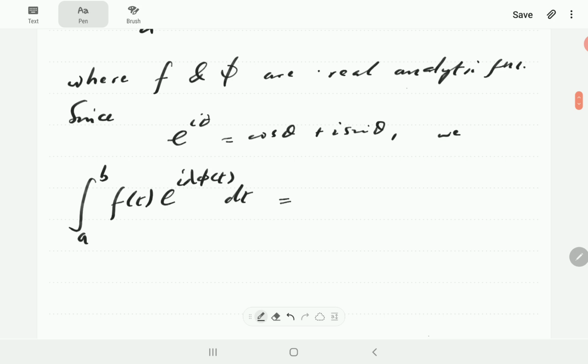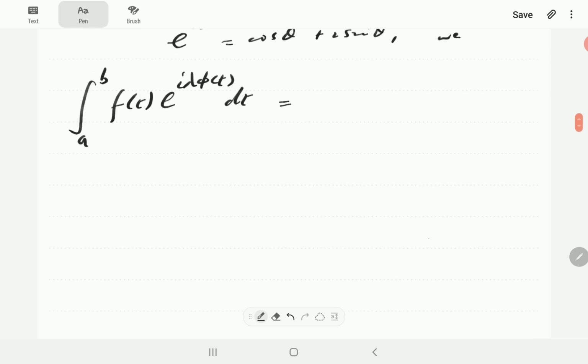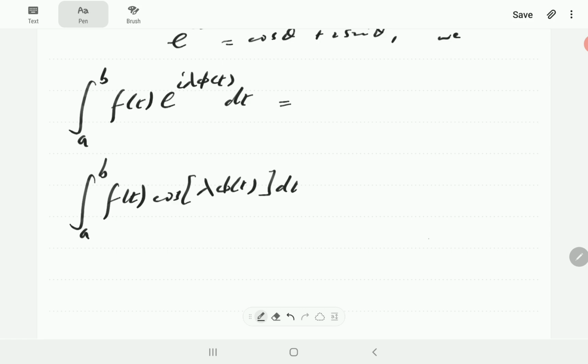So this we can rewrite as the integral from a to b of f of t cosine lambda phi plus i times the integral of a similar expression but with sine this time, dt.